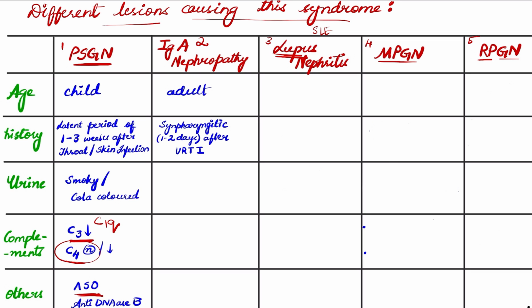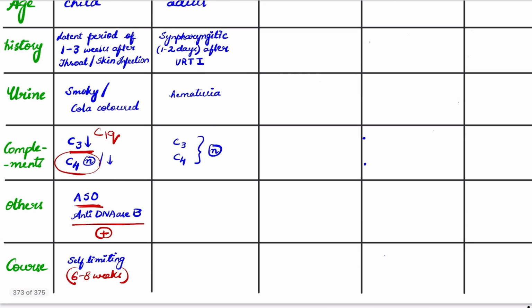And in urine, only hematuria is present. Complements C3, C4 are normal, unaffected. Coming to the course of illness, because of recurrent hematuria, there can be CKD.